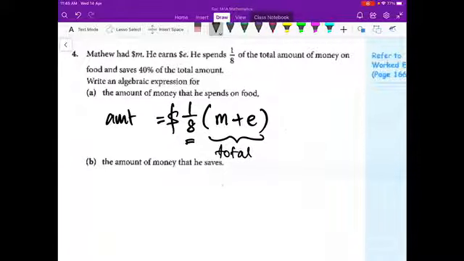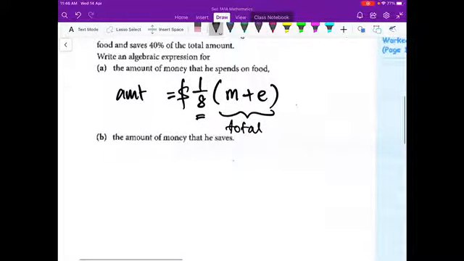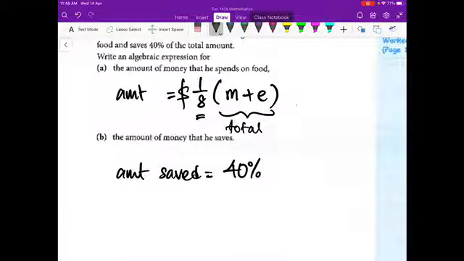Okay, she spent 1/8 of the total. Next. Amount saved. How did you get 2/5? Okay, so you should be writing 40%.